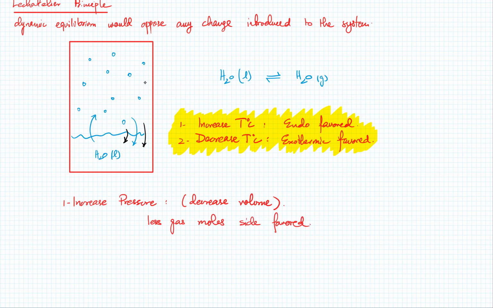So we can make this general rule: if you decrease pressure, you're increasing the volume, and the side that has more gas moles, meaning more gas, is going to get produced.